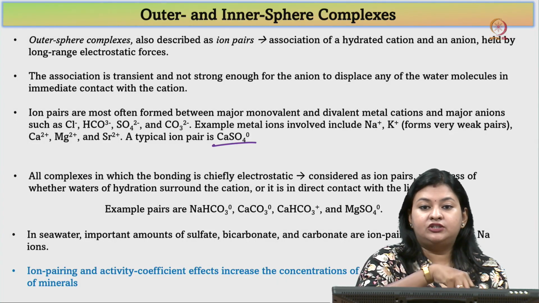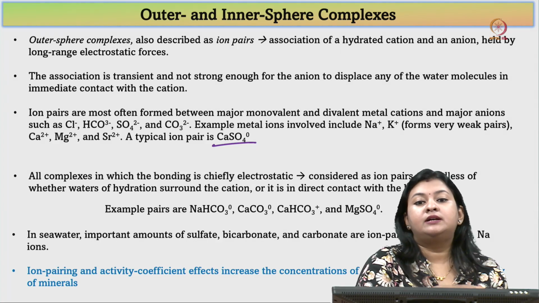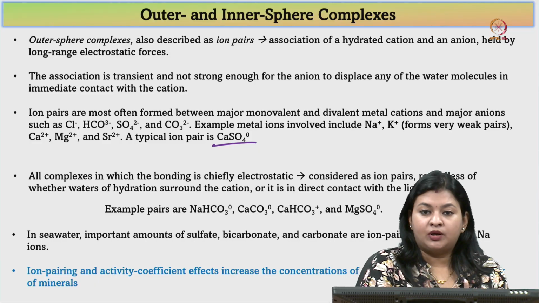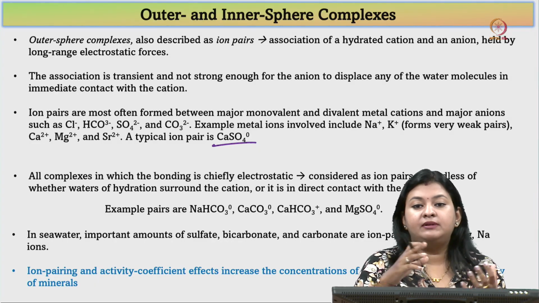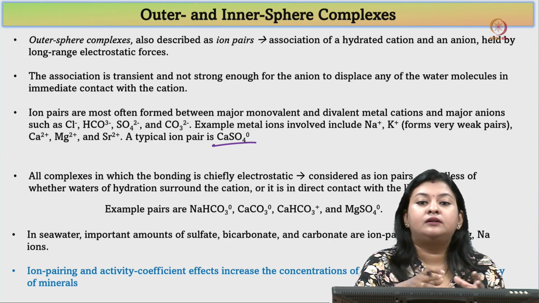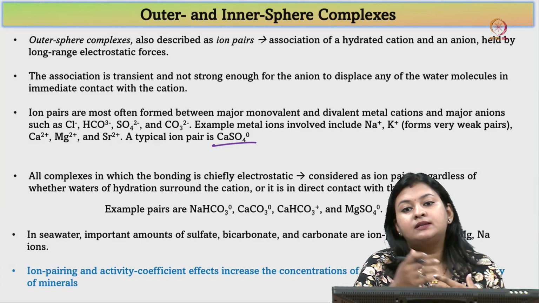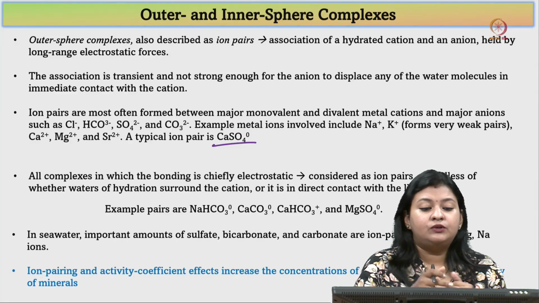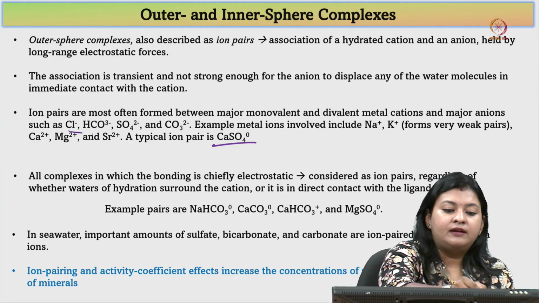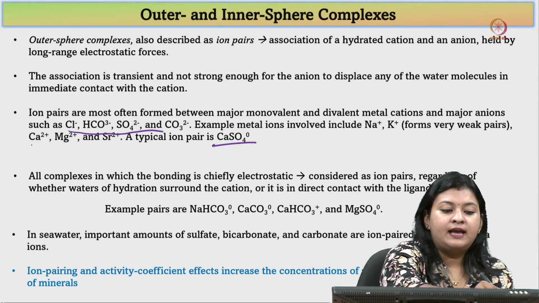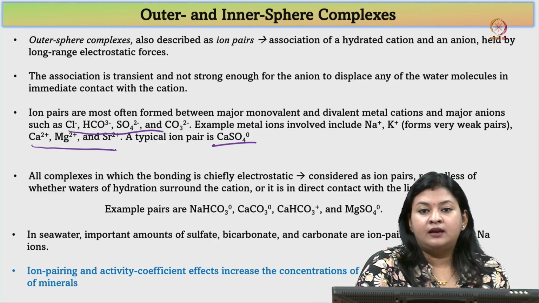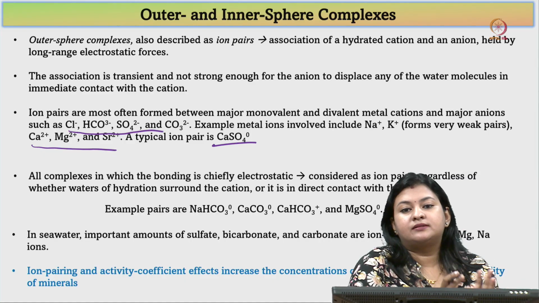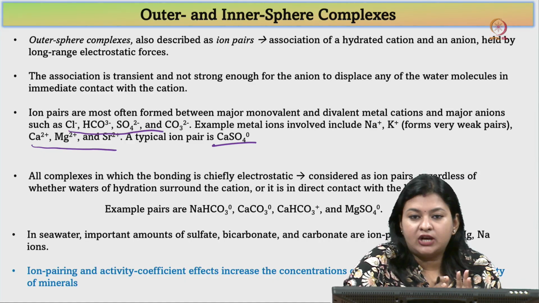So, calcium will be as a calcium aqua complex, and there can be a lot of other water molecules surrounding, and there can be a sulfate ion. Okay. So, these major anions and major cations always tend to occur in such ion pairs. Okay.